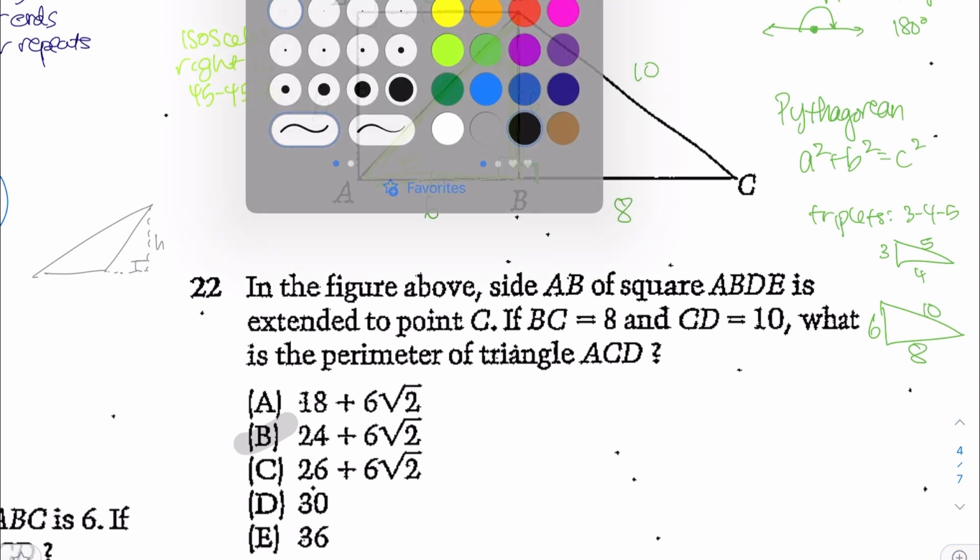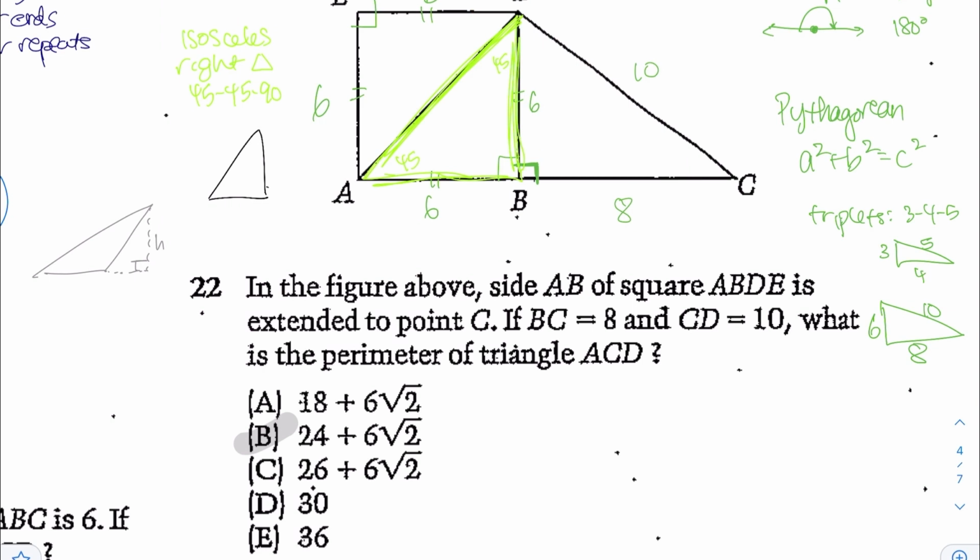And the sides are on the ratio of x, x, and x root 2. You can also just use regular Pythagorean for that, if you forget. But that's a whole bunch of steps. Since the sides are 6, you know that x is equal to 6. The hypotenuse is going to be 6 root 2, and that's what you want.